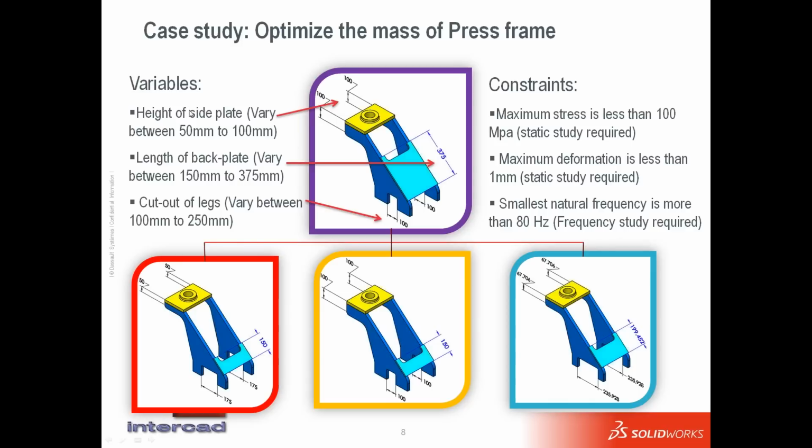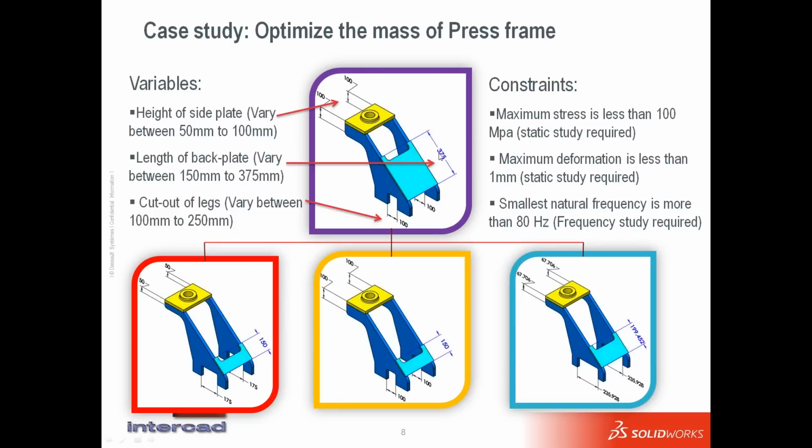Therefore, our variables are the height of the side plate, which is currently 100, but we will go from 50 millimeter up to this nominal value. The length of the back plate varies from 150 millimeter to 375, and the cut-off legs vary between 100 millimeter and 250 millimeter.